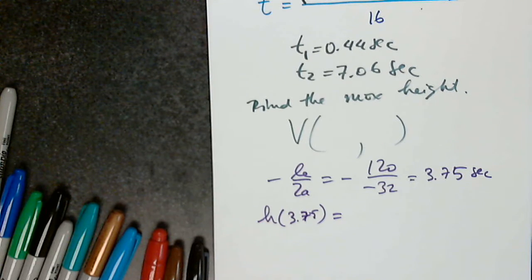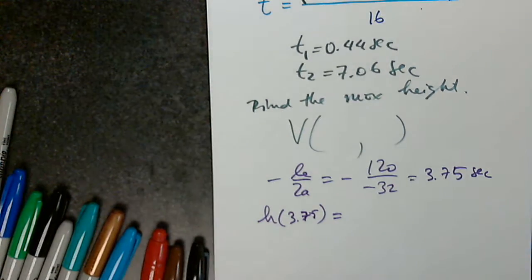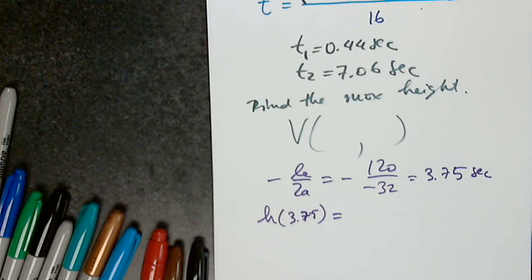This was not our function, right? Let's see. Negative 16x squared. So this is plus 120. I'm going to insert 120 and then delete this. And then plus 300.